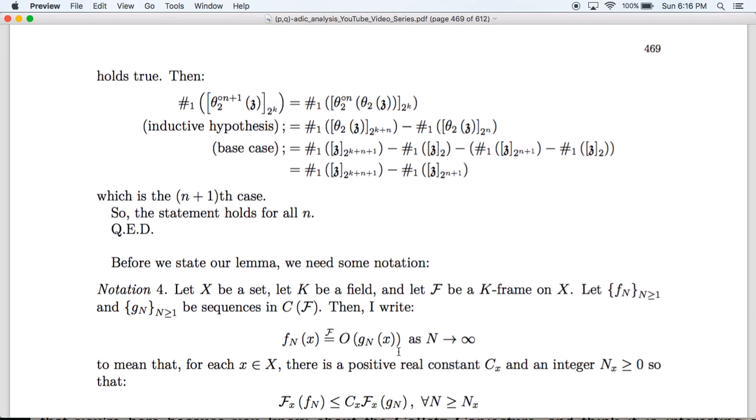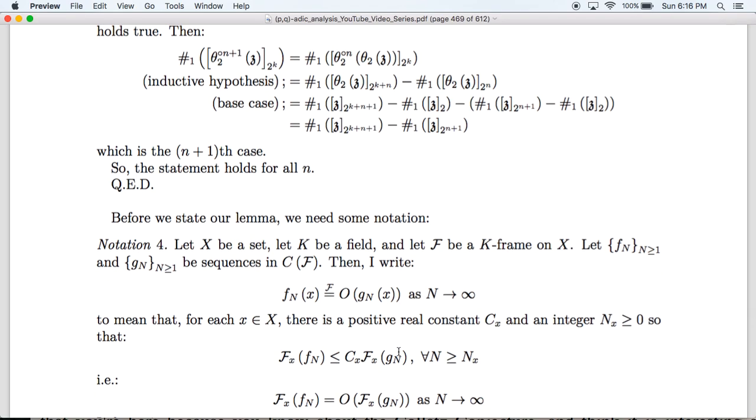So, in order to make things less horrible, here's some useful notation. Let K be a set, let F be a field, and let f be a K-frame on F. Let f_n and g_n be sequences of f-compatible functions.